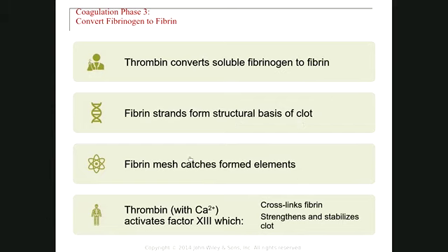Fibrin mesh catches the different formed elements like red blood cells, white blood cells, and the other platelets. And thrombin, with the aid of calcium ion, can activate one factor, which is factor 13. And this factor can make some cross-links between fibrins, and it can stabilize the clot for us.